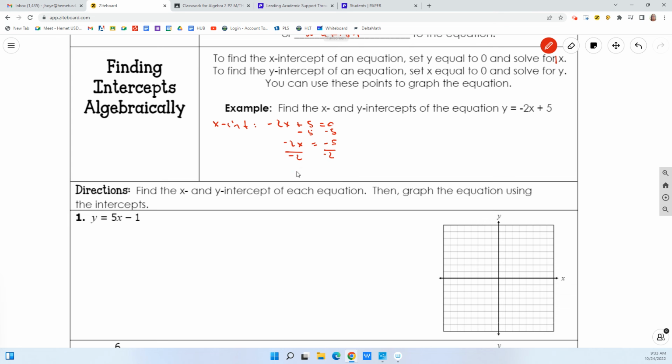And I'm going to get x = 5/2, a negative over negative is a positive, so I don't have to put it as -5 over -2. That means that 5/2 is my x-intercept. That's my point on the x-axis where the graph of this line crosses the x-axis.